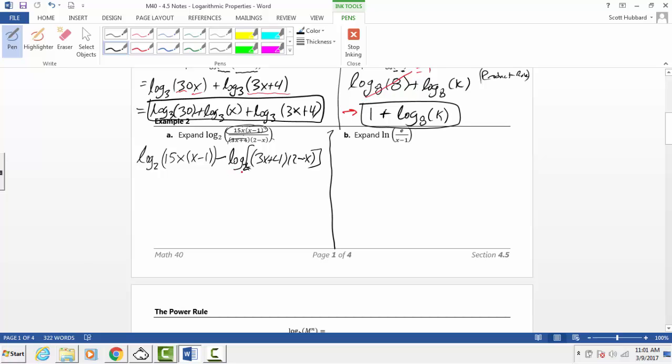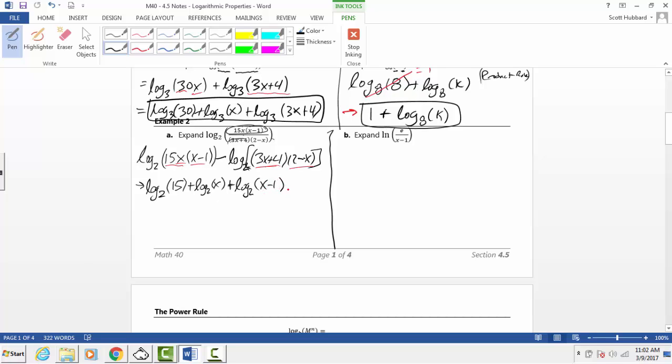But we can go farther. Okay, because now that I've done the quotient rule, I have no more divisions anymore. I do have some products, so I have this times x, and I have this factor times this factor. So I can go one more step. I can expand all this. So it's log base 2 of 15 plus log base 2 of x plus log base 2 of x minus 1.